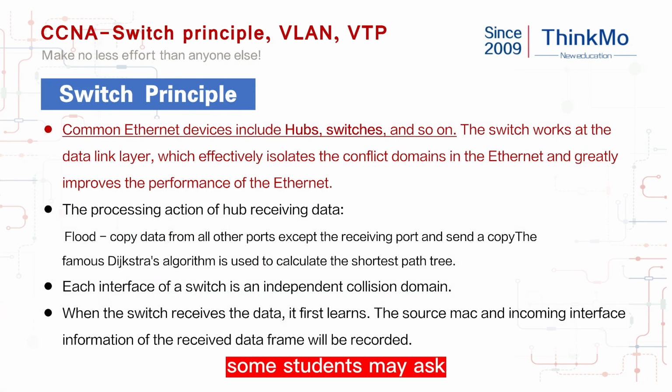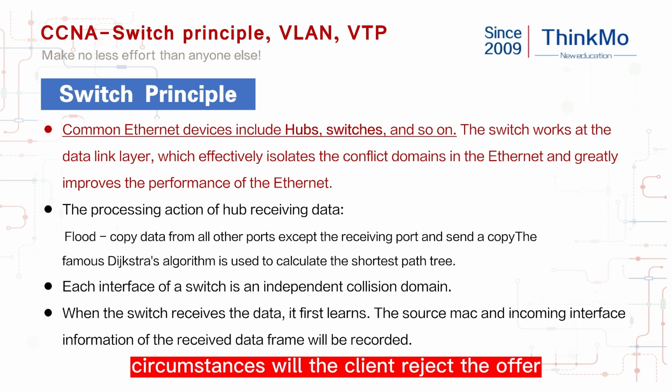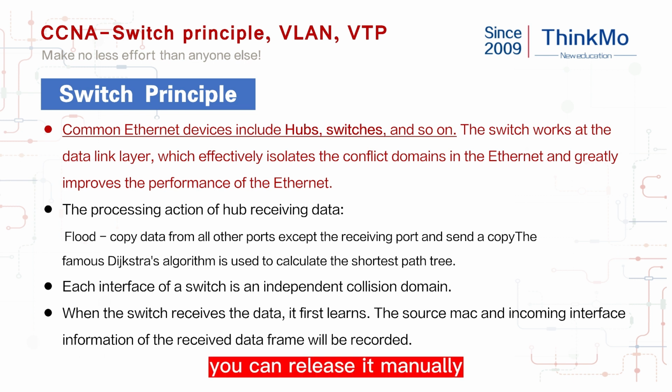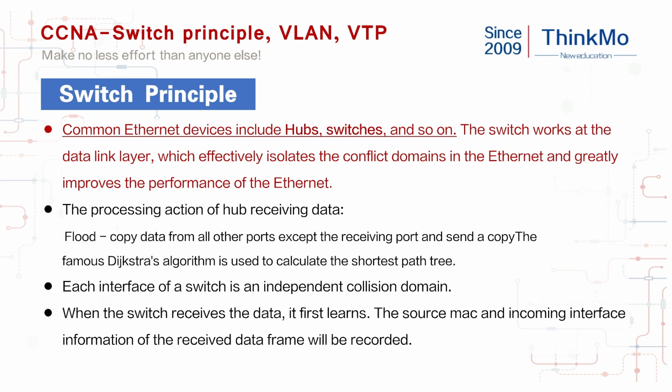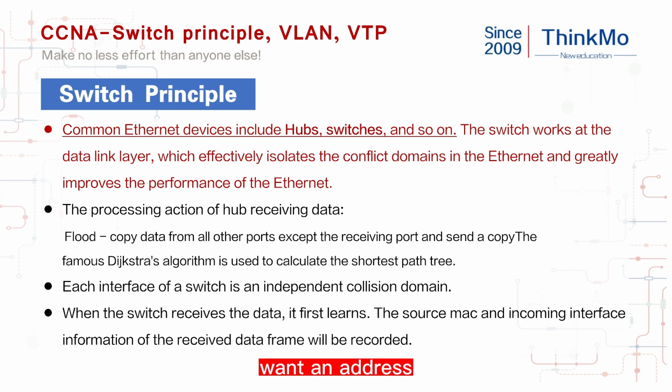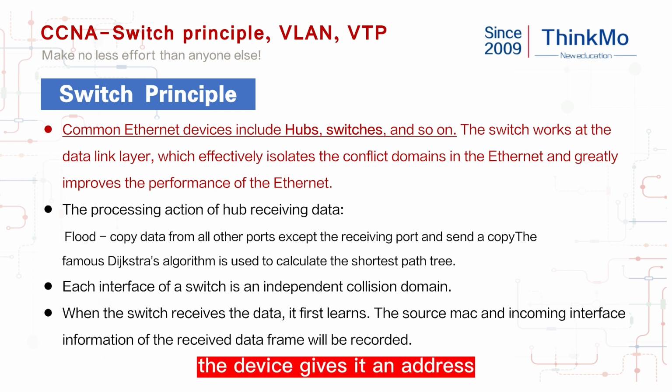Some students may ask, under what circumstances will the client reject the offer? The client has a release address function. You can release it manually, but it won't refuse, because this service is initiated by the client. Suppose it now initiates a message wanting an address and the device gives it an address.